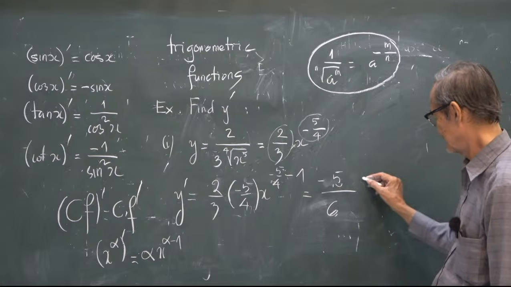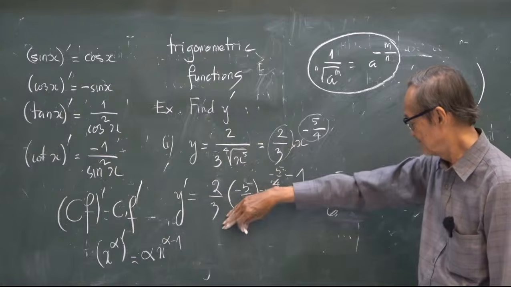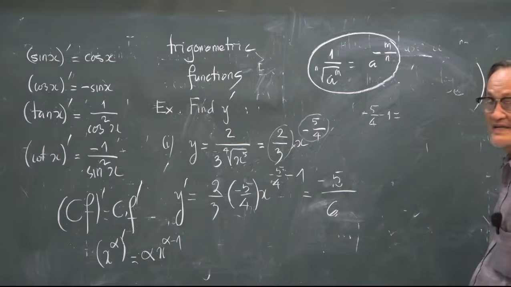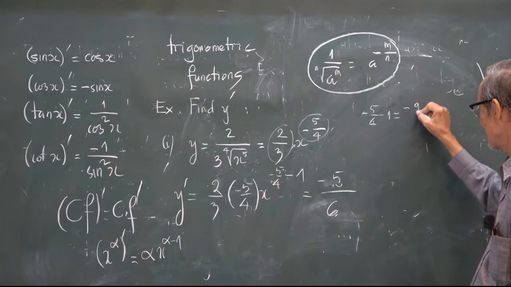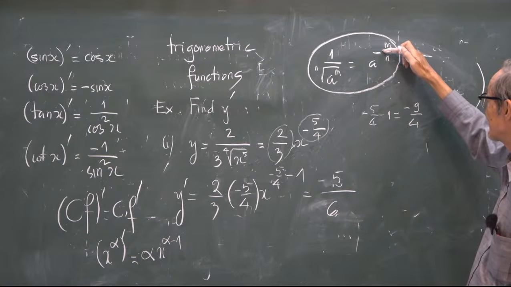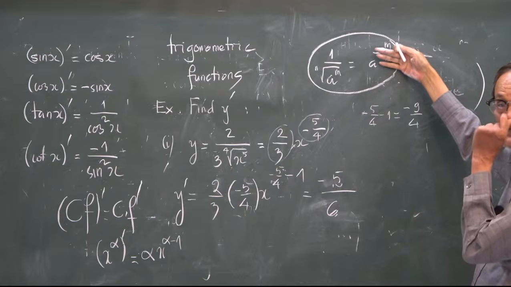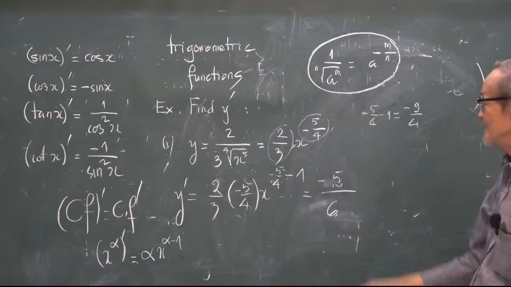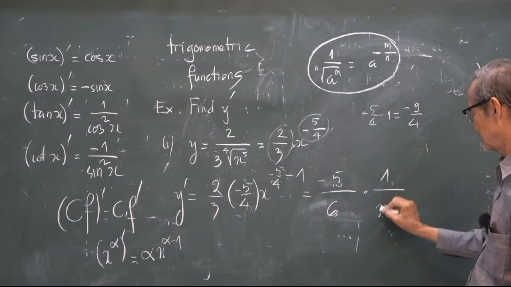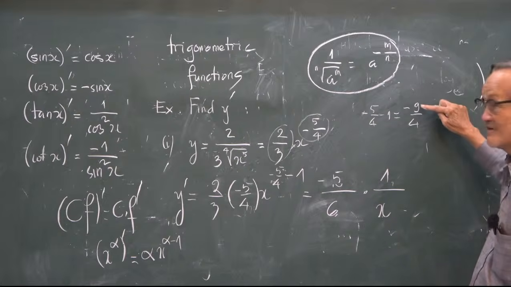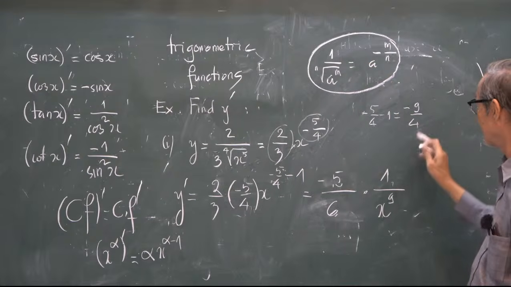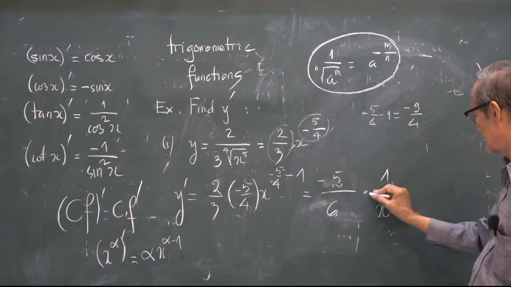And minus 5 over 4 minus 1 equals minus 9 over 4. Minus means we move x to the denominator: x, and the power here, power 9, and the radical here.